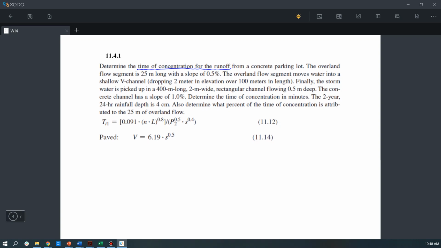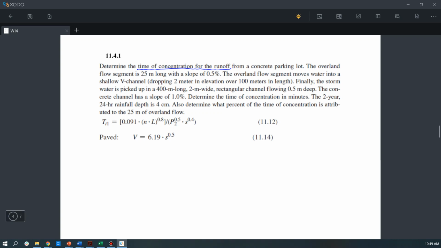Okay, so according to the description, we will first have an overland flow segment, where they need to have this sheet flow to pass the parking lot.